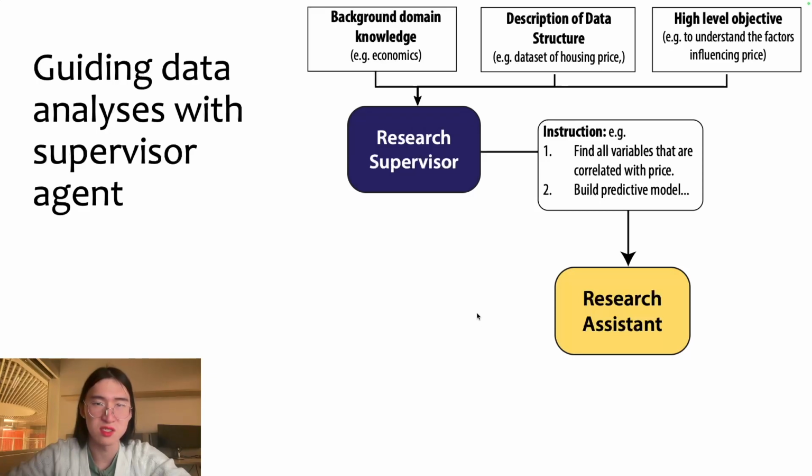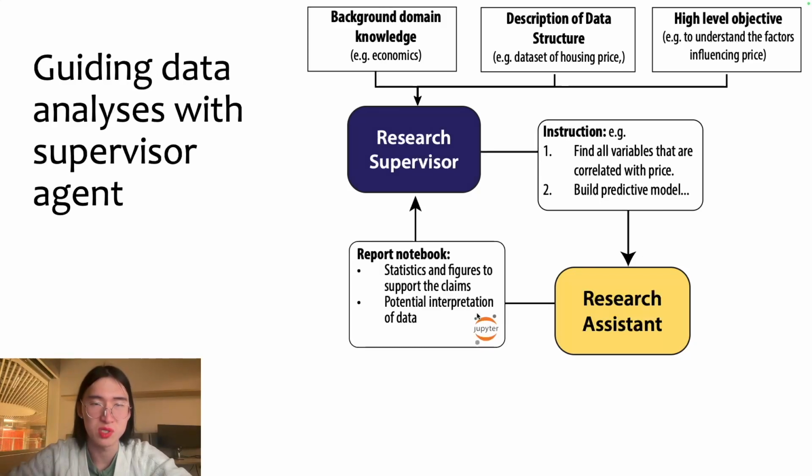Then the assistant will produce the analysis and produce the report notebook back to the supervisor. And we can read the report notebooks to find the statistics and figures to support their claims and find potential interpretation of the data.